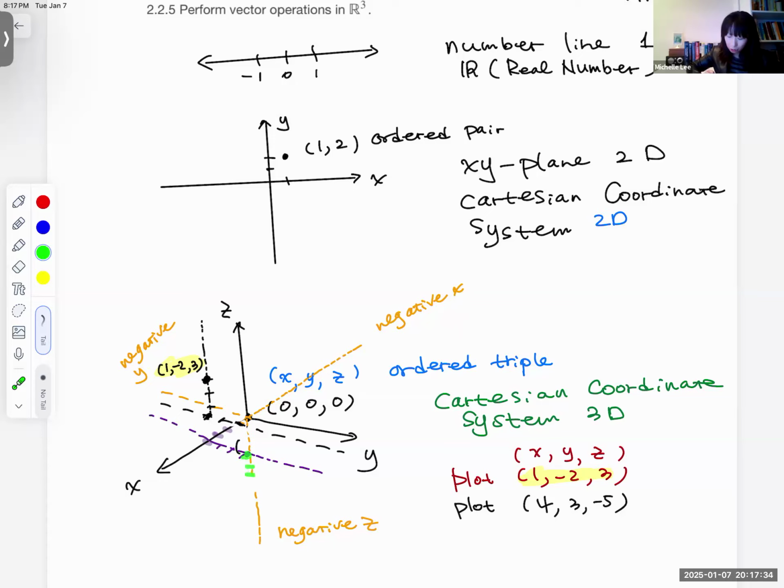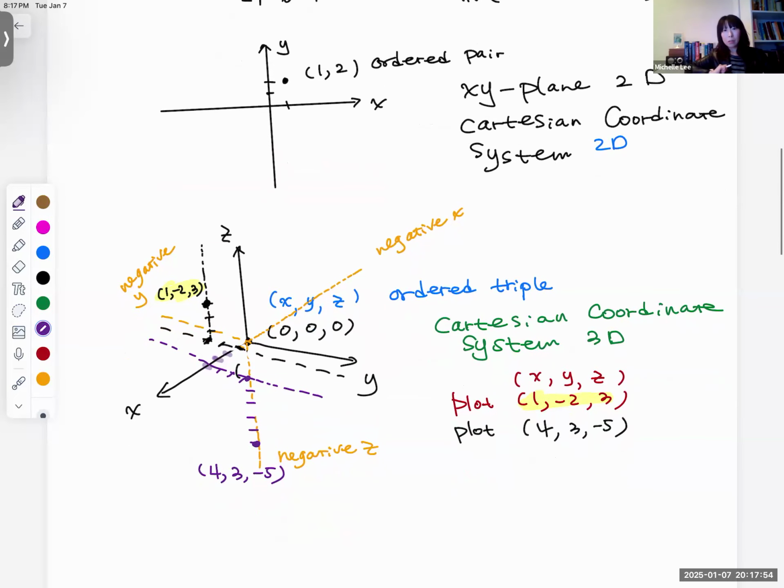So 1, 2, 3, 4, 5 here. So that would be 4, 3, negative 5. You cannot see it, all right. Make sense?